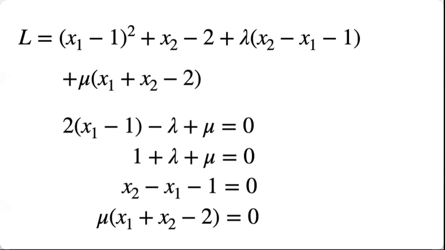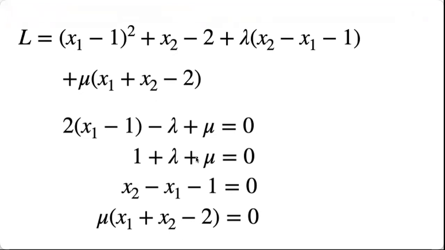You can start from this equation first. Mu can be 0, or this term x1 plus x2 minus 2 can be 0. So there are different cases.